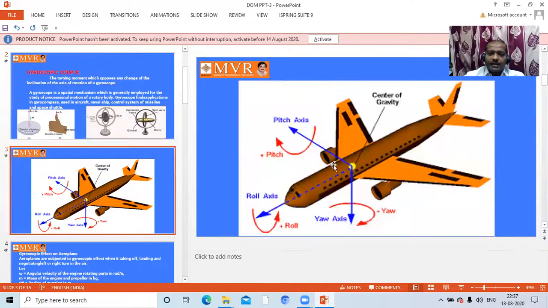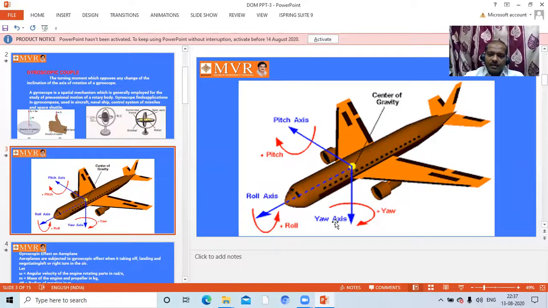An aeroplane contains the longitudinal axis, which is parallel to the body. Next, if you take the wings, this is called the transverse axis. So one is called the longitudinal axis and the second is called the transverse axis. About the longitudinal axis, we have the yaw motion.